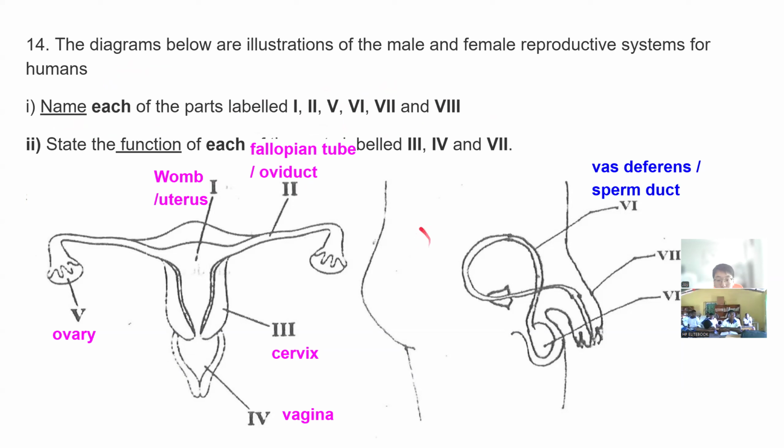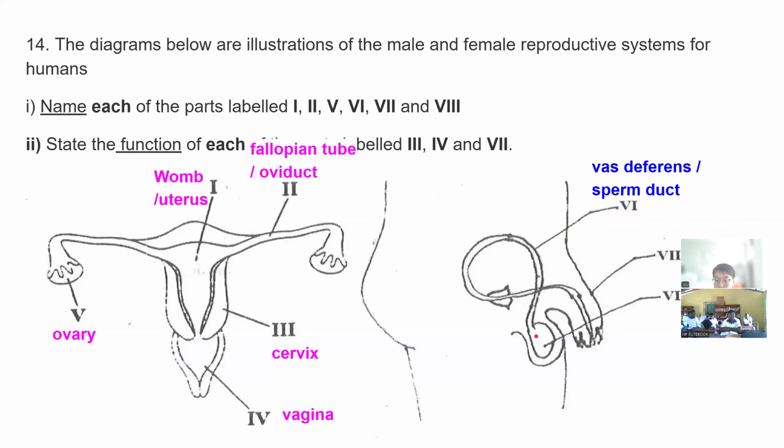So to name each of the labels, 1 is the womb. And 2 is the fallopian tube. 5, these are ovaries. 6, this is the vas deferens. And I will get into detail of the functions in just a bit.